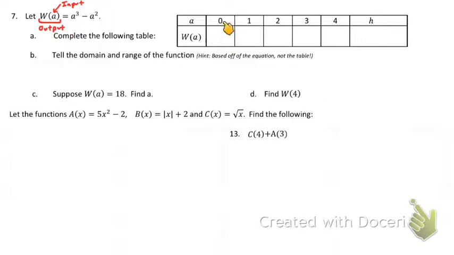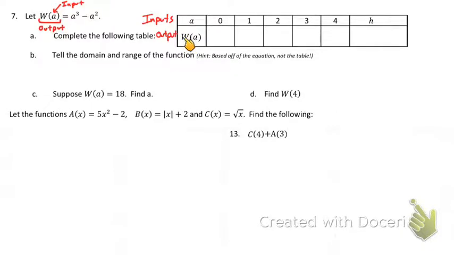We're going to take our first input. So as a reminder, in this table, the top is our inputs. This bottom part is our outputs. Okay? Our inputs are the A values. So our A values can be 1, 2, 3, 4, and even another letter, H, or another variable. Our outputs are the answers to our function when we plug in something.